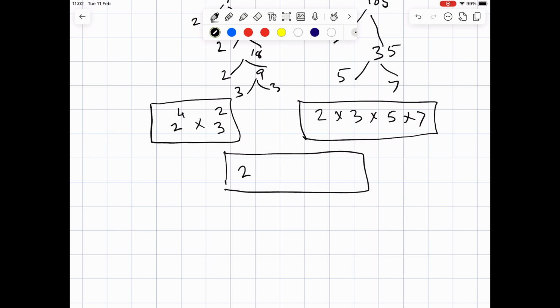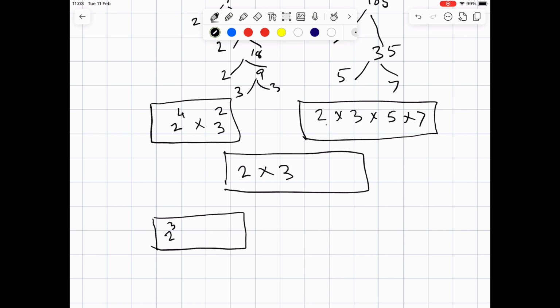And let's draw the boxes for the remaining factors for both of them. In the first one, 2 cube. 2 cube is not in the other one. And then times 3 as well.